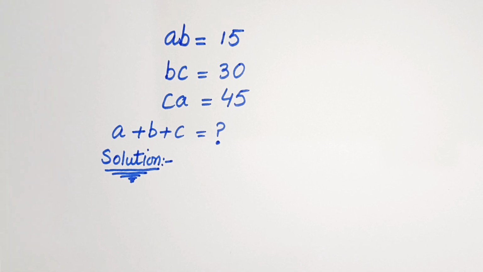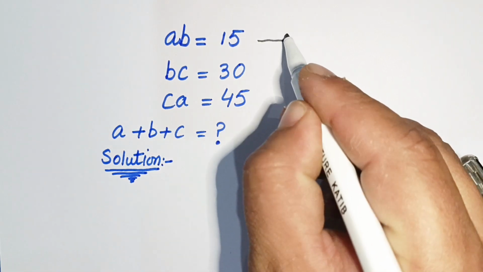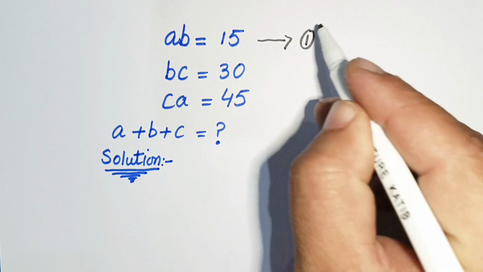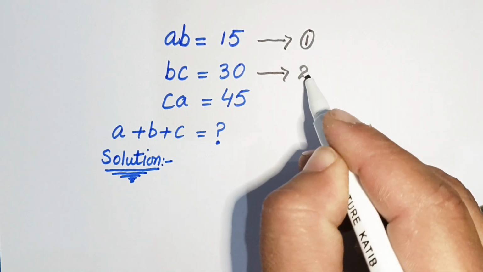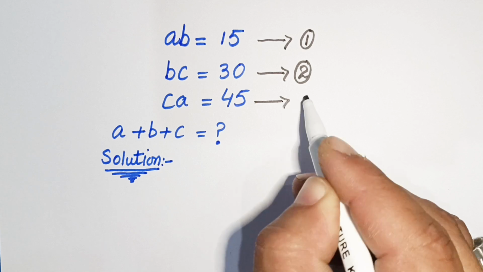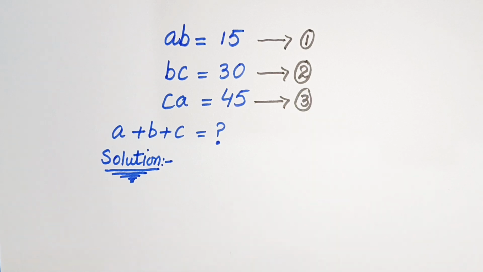Starting our solution, let's call these equation 1, equation 2 and equation 3. First of all, we are going to multiply equations 1, 2 and 3.